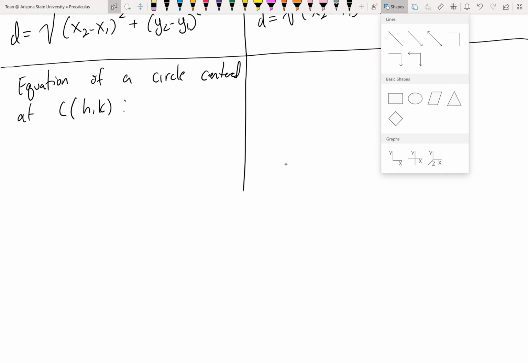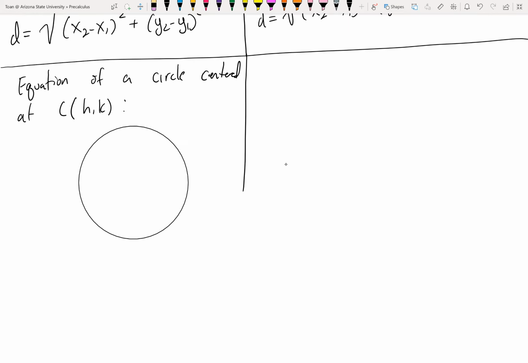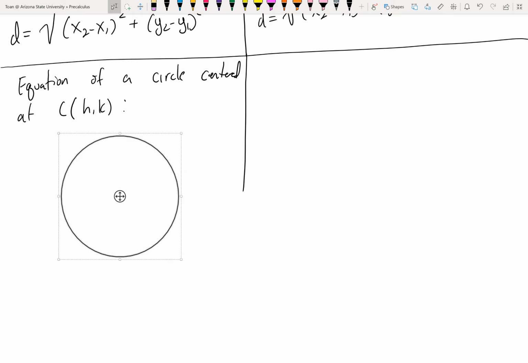In other words, if you had a circle here on a coordinate system, and you have some center.